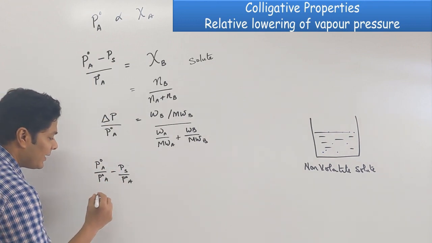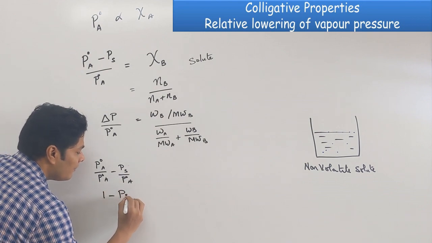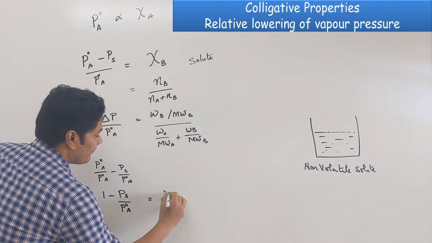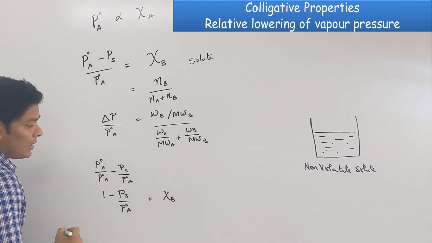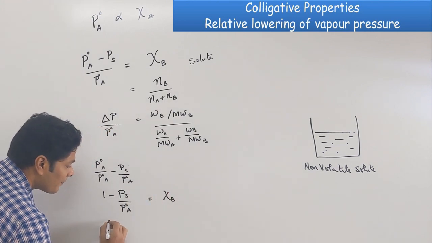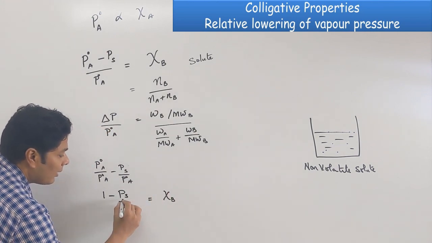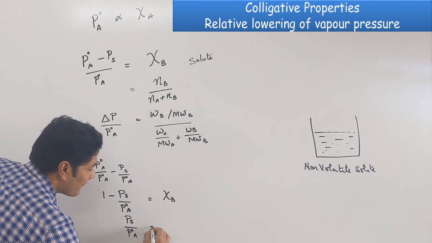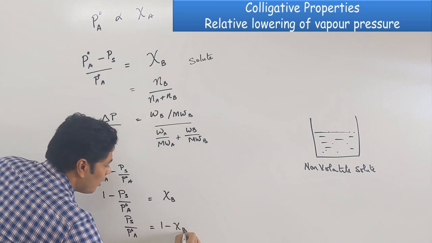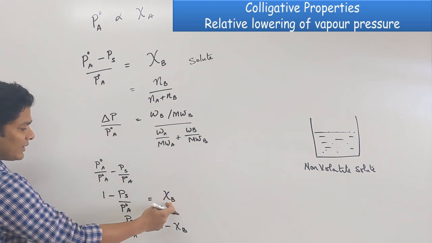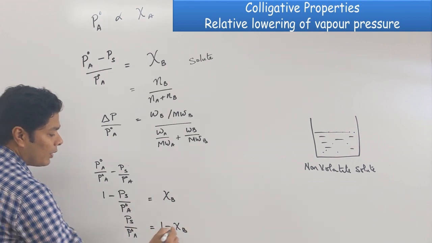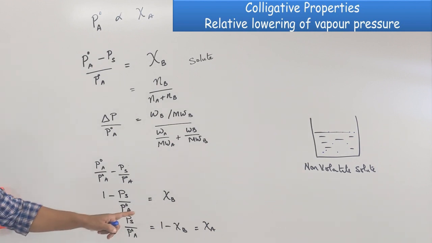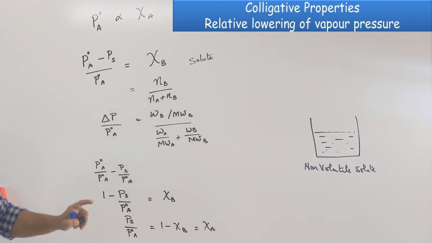Now this helps me in getting it into 1 minus PS divided by P naught A, that equals chi B. Now if I take PS by P naught on one side, this goes to this side, this becomes negative. I have written this side. 1 minus chi B is chi A. So these are all the ways you can express it. Chi A, I can again write it this way. That's one way of writing it.